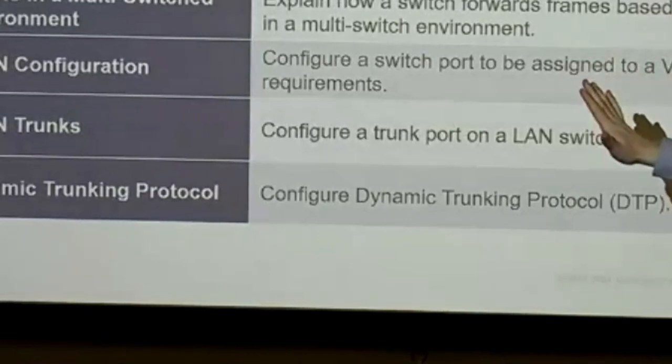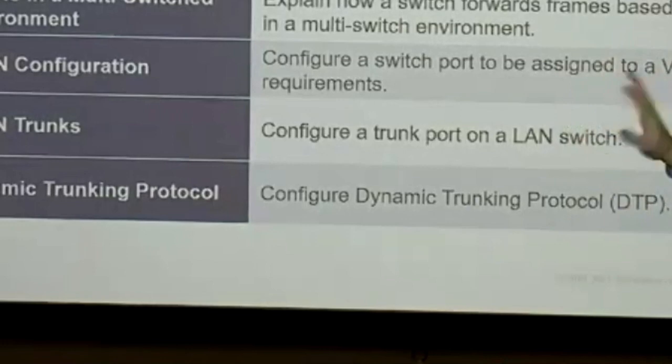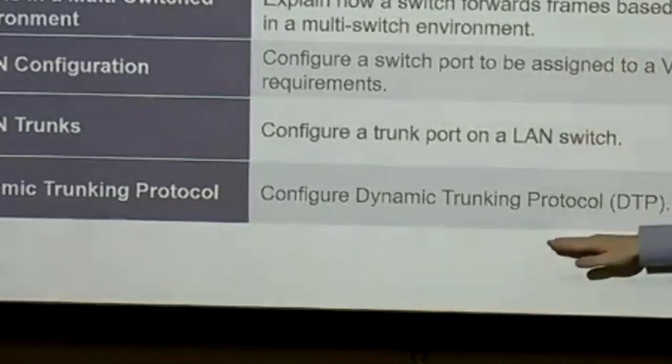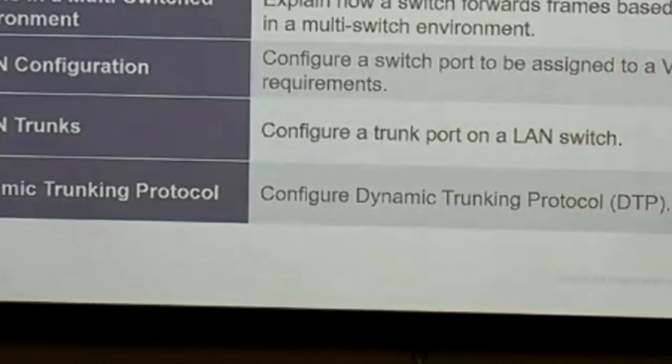Whatever VLAN the PCs are on, connected to these switches, okay, if you want that same VLAN over here to be over here too, then you need to connect those 2 switches via a trunk port. And then a protocol, a Cisco proprietary protocol that can have this happen automatically or dynamically is DTP. With DTP, you do have to know what you're doing because you can kind of screw things up.